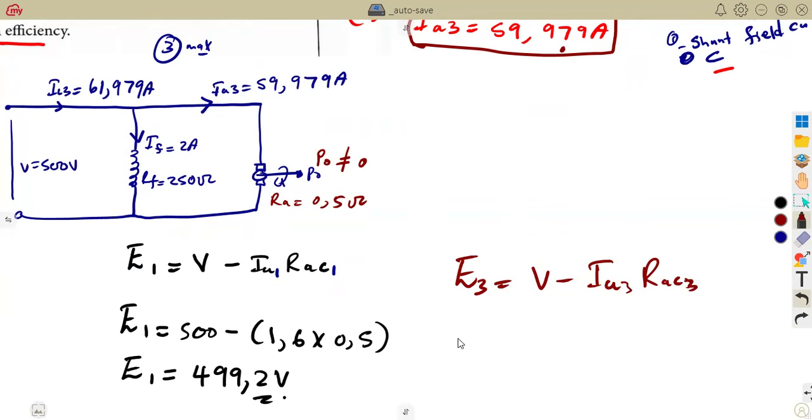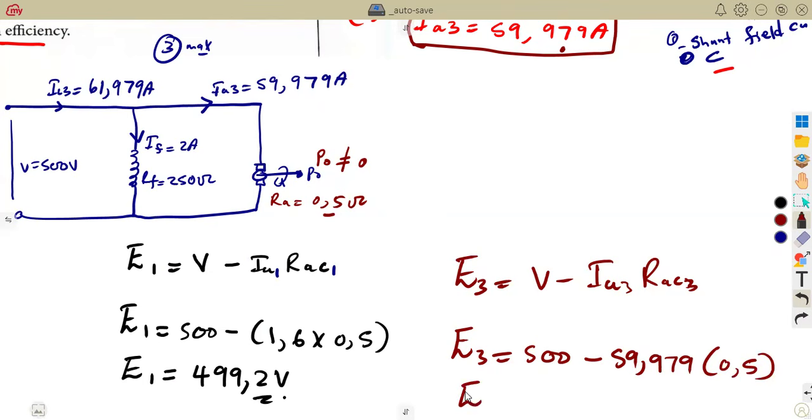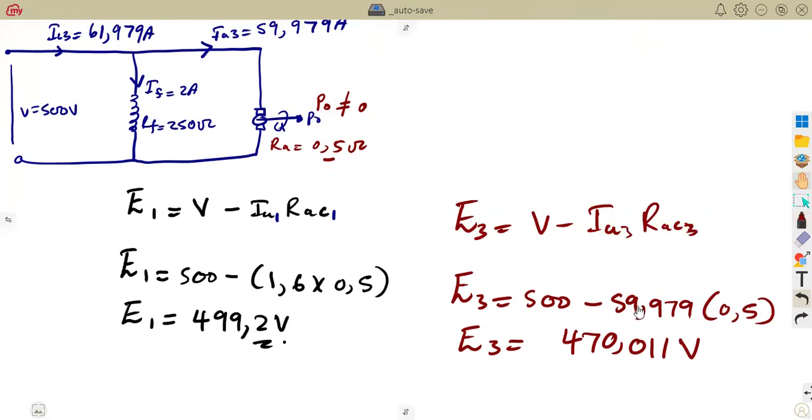Substituting, E3 is 500 minus the armature current at this condition, 59.979, times the resistance of the armature circuit, which is 0.5. You obtain E3, which is 490.011 volts.